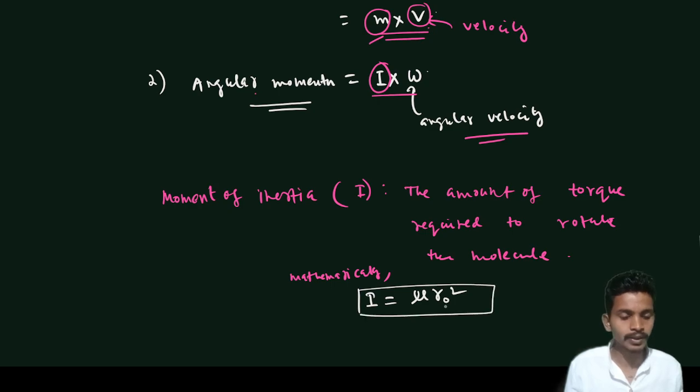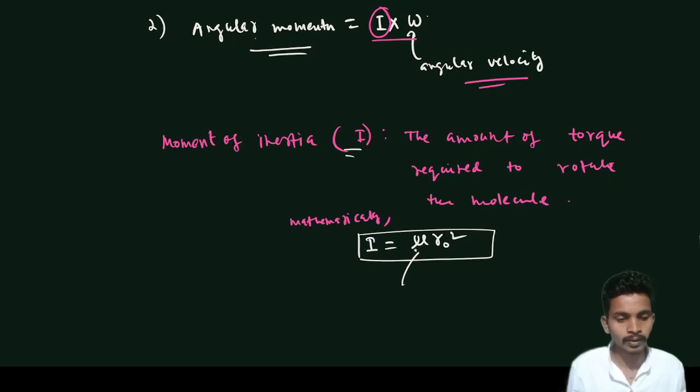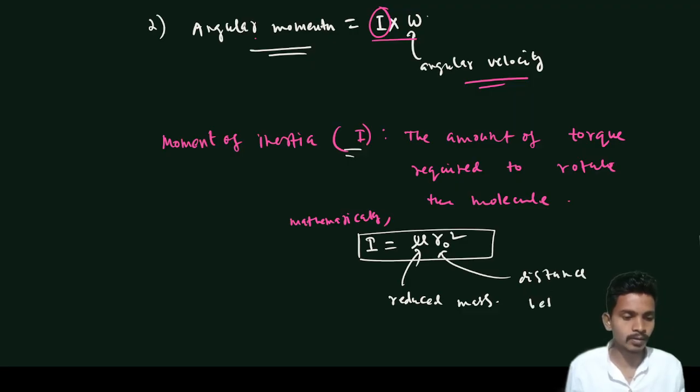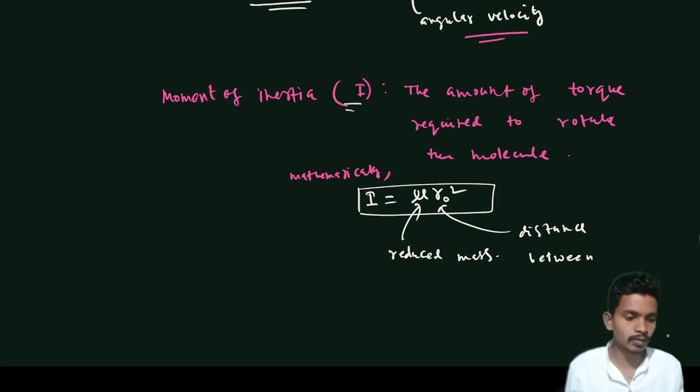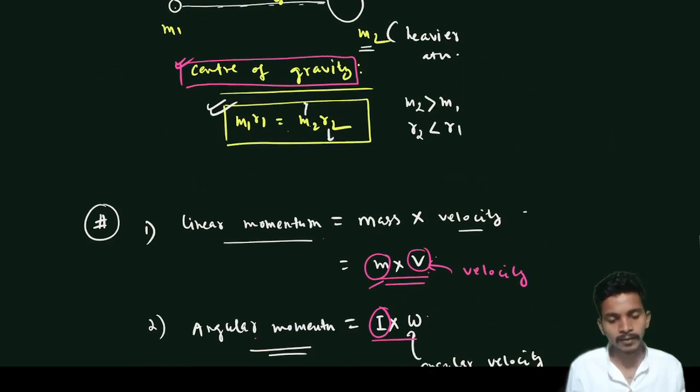Mathematically, moment of inertia denoted by I equals mu r naught square, where mu is the reduced mass, and r is the distance between the moving particles and the center of gravity. That we have discussed in the previous class.